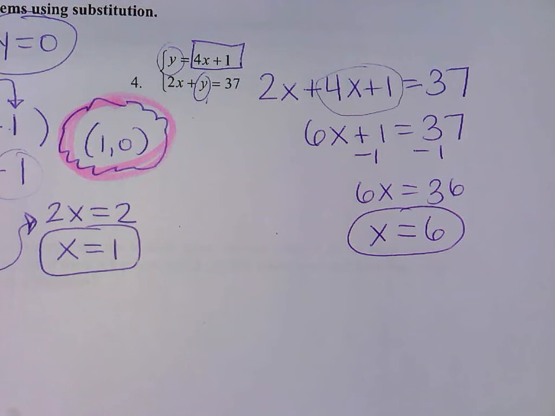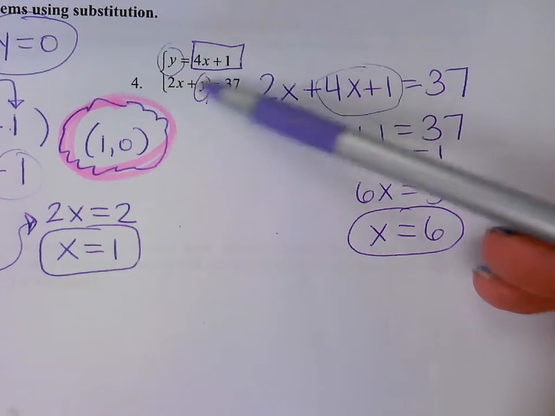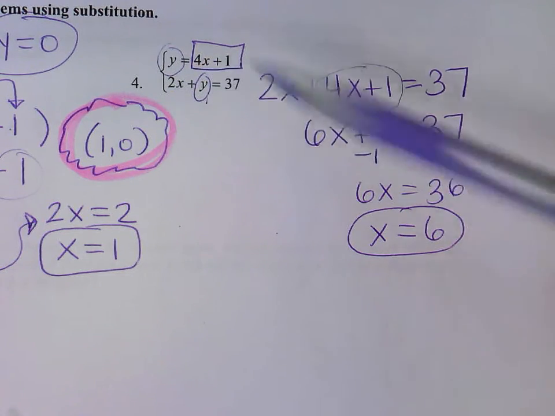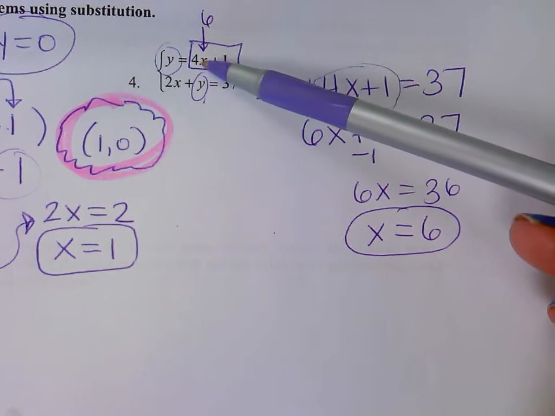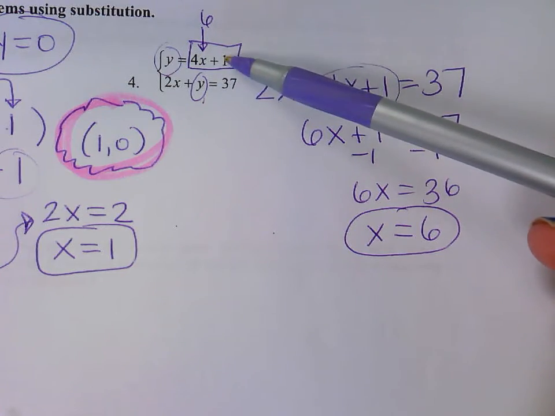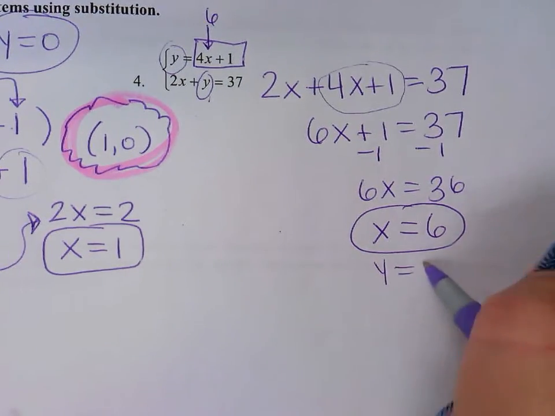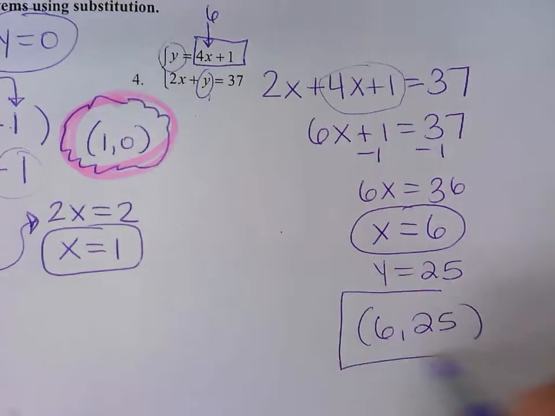So there's a lot of algebra that we need to practice. So once I get that x is 6, where's my easiest place to plug it back into? I like that rectangle up there, right? Because that's a y equals equation. So if I plug 6 back in, what do I get? 4 times 6 is 24, plus 1 is 25. So 6, 25 is my solution.